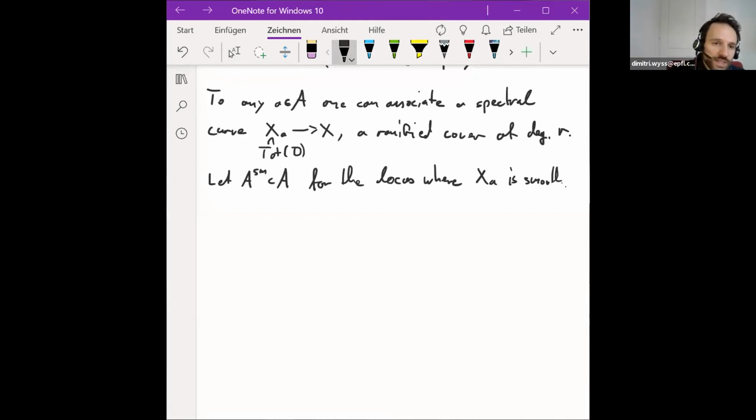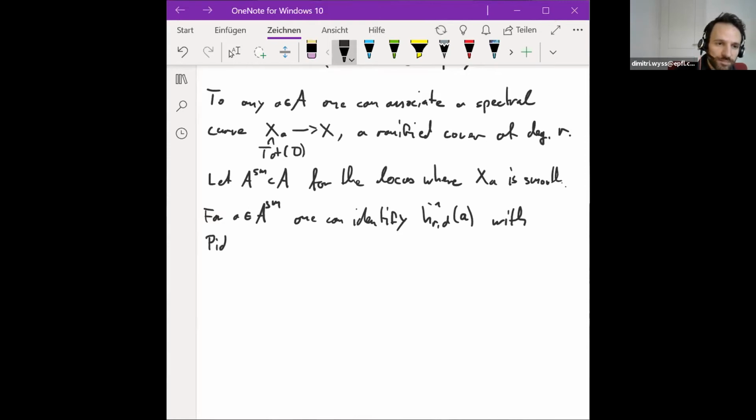So, okay, one has this curve, and now the point is that for a point in this smooth locus, one can identify this fiber simply with the Picard, so with line bundles of degree d on this spectral curve.